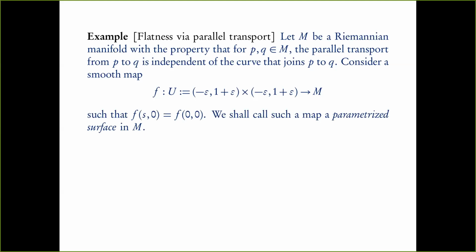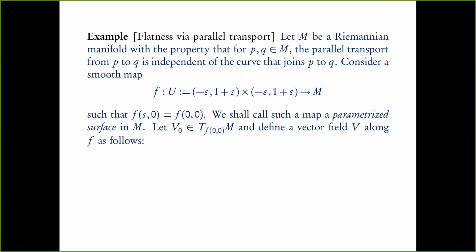It's clearly not an embedded surface because the first condition, f of s, 0 is f of 0, 0, already tells you f is not injective. So this is called a parametrized surface because it's a map of an open square inside M, and the open square, when it maps into M, has a parameterization in terms of two coordinates s and t, or u and v. So that's all. So are we okay with the setup so far?